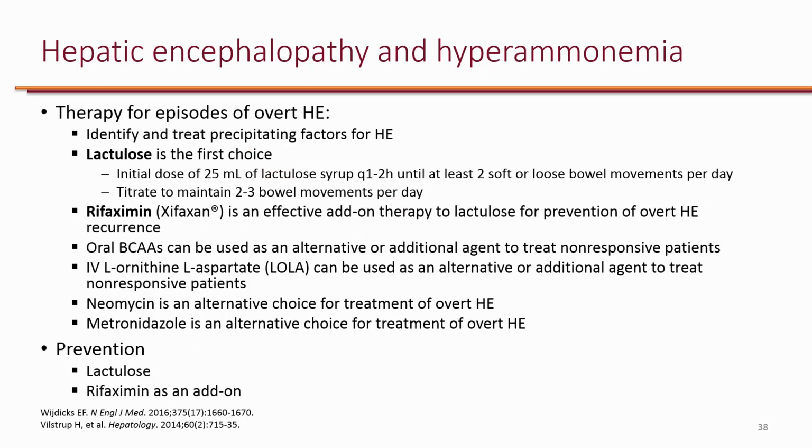The way lactulose works, it is kind of like a prebiotic, so bacteria will actually use it and degrade lactulose. As a result, it makes the pH of the gut very acidic, and under acidic pH, ammonia will be converted to ammonium, which has a positive charge, and because of that, it will not be absorbed from the gut into the portal system.